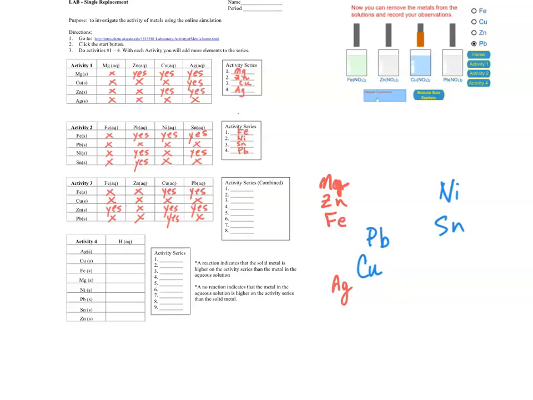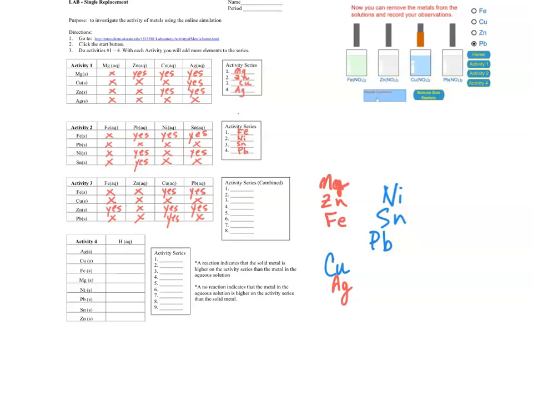All right, how about lead? Where should it go? Lead is in activity number 2, and it had X's, so it should be below iron, nickel, and tin. All right, so we know that iron, nickel, and tin have to be above lead, and copper has to be above silver. All right, so are these 3 in the correct order?